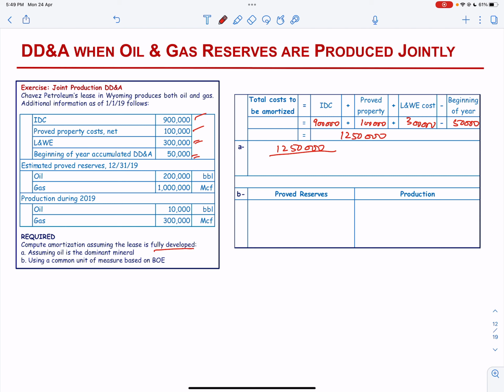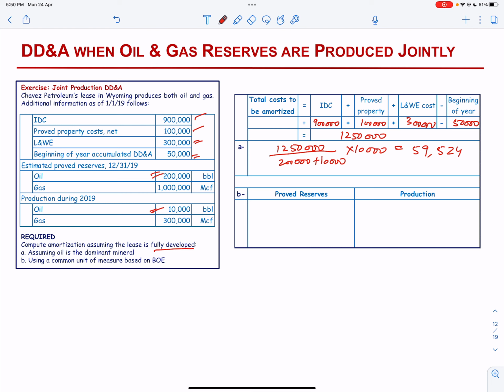It is going to be 200,000. Estimated proved reserves is 200,000 plus the oil production, because this is at the end of the year, plus 10,000, multiplied by 10,000, and this will give us 59,524.